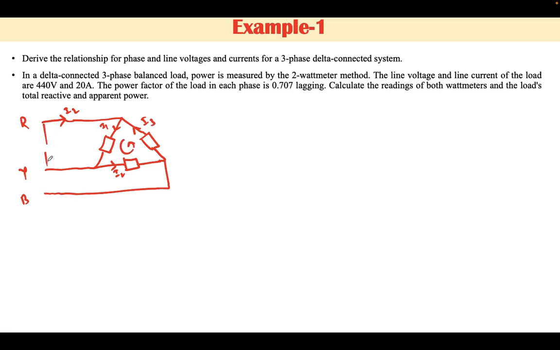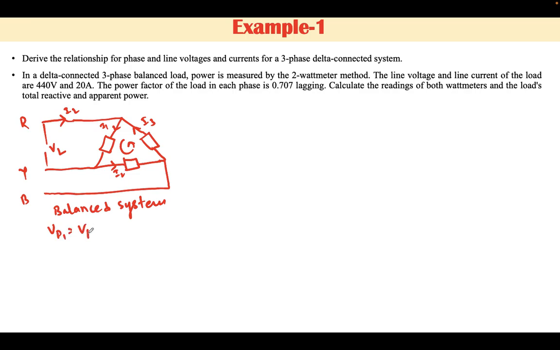The voltage between two lines is VL. The current in the particular line is IL. Let's consider the system is balanced. For a balanced system, the voltage across one phase must equal the voltage across the second phase.